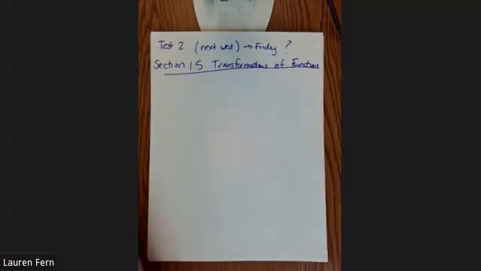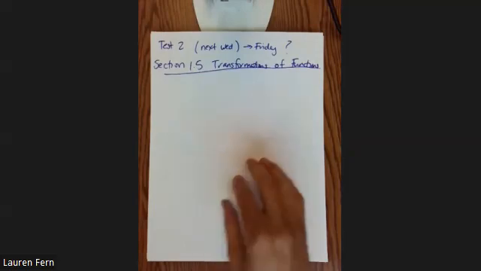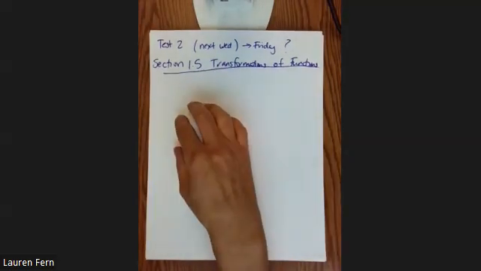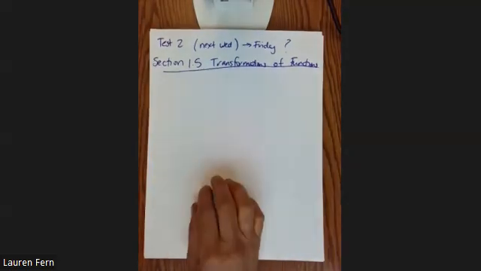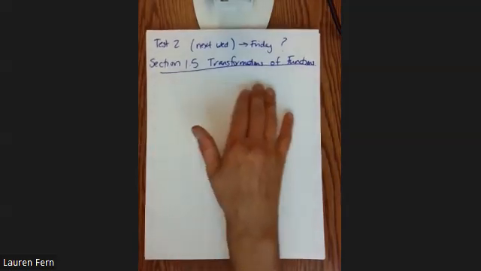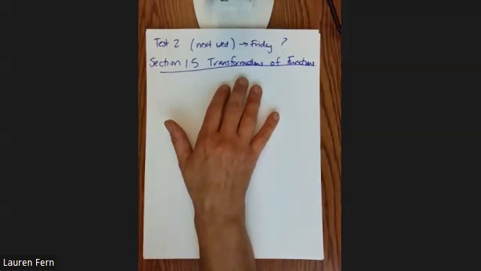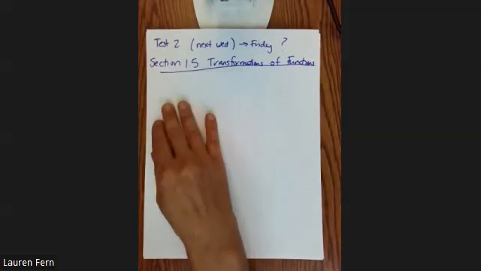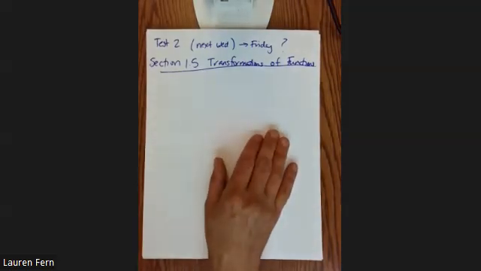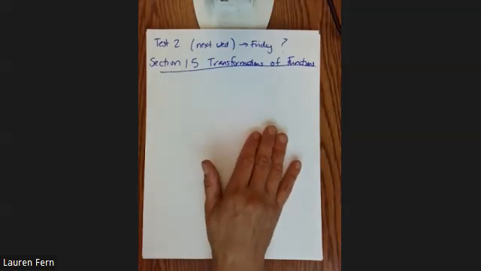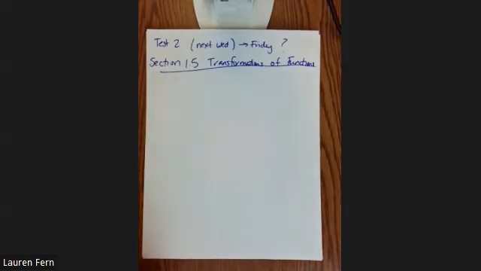Then we're going to take these ideas and apply them to linear functions, to exponential and logarithmic functions, and then to polynomial functions. The ideas that we use in this section on transformations of functions, you're going to keep hearing me refer back to as the semester progresses. Okay.